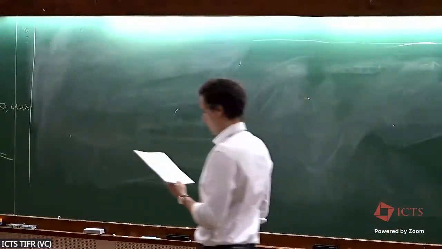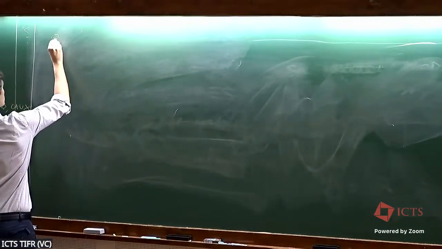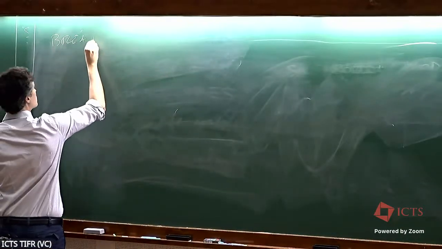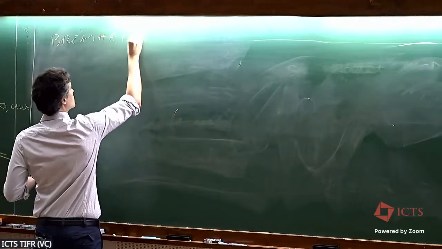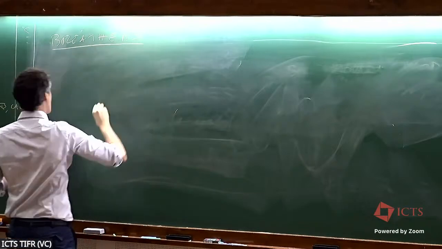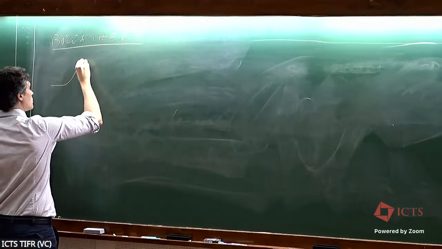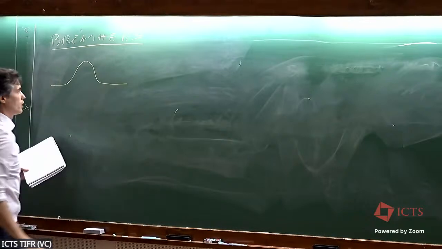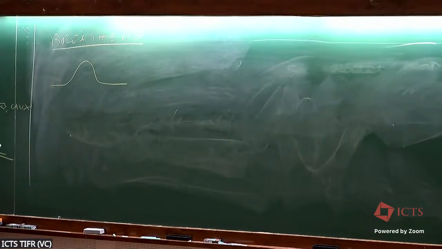Now, I promise you breathers. Breathers are of this form. They're solitons, they're not topological, and they keep oscillating.